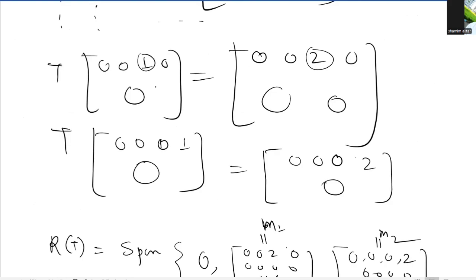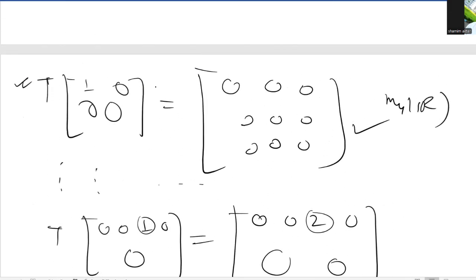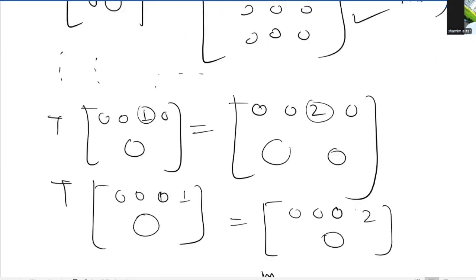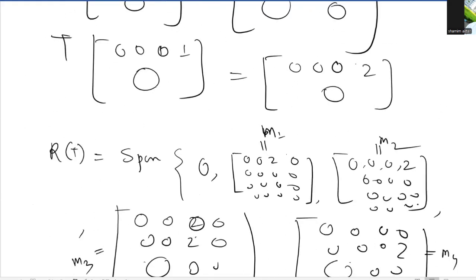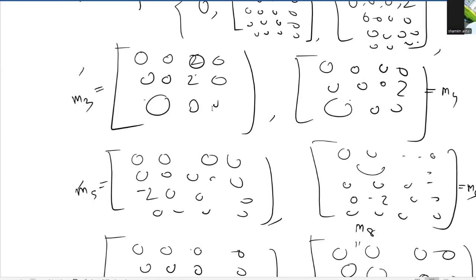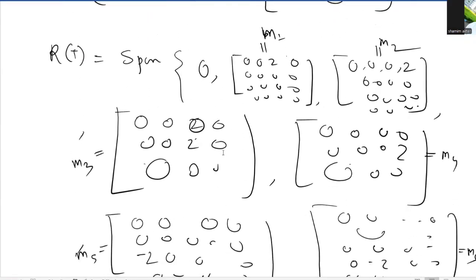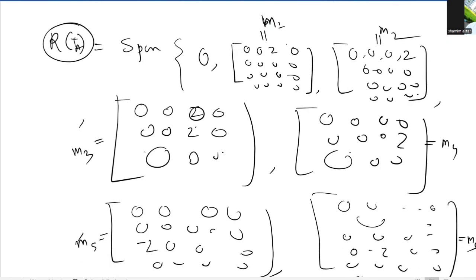Okay, so similarly we find all the images of the basis elements of M4(R). Okay, and by this result, this image set of the basis elements spans the whole range of the linear transformation. So this is the spanning set of the range of the linear transformation.